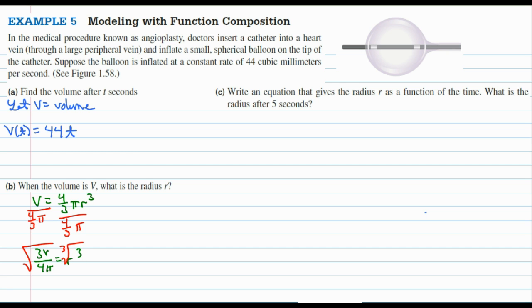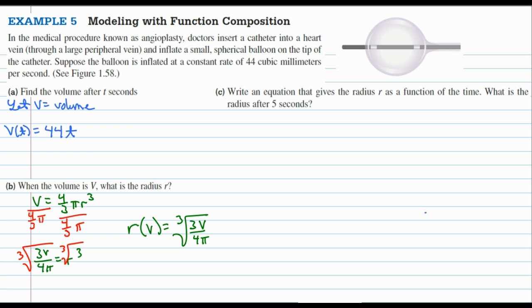Take the cube root of both sides. So now r is a function of volume, and that function is the cube root of 3V all over 4 pi. So far I have two functions: volume, whose input is time, and radius, whose input is volume.